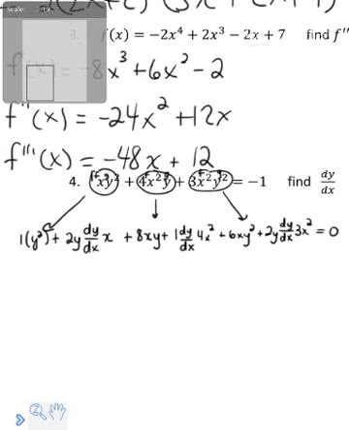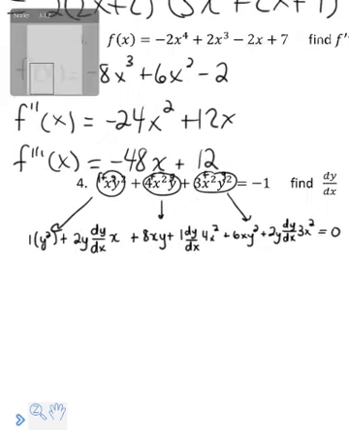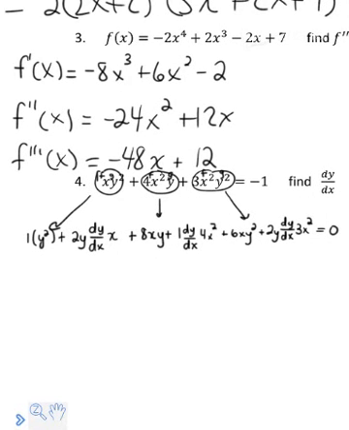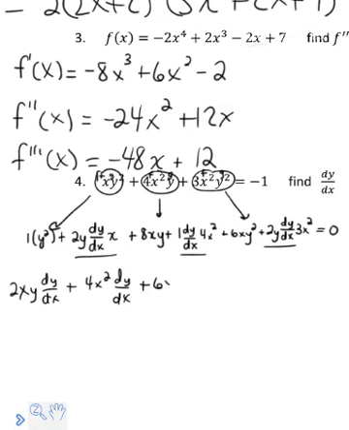So we have the whole thing there. Any term that has a dy dx I'm going to keep on the left side. So this term, for example, is 2xy dy dx plus this term 4x squared dy dx plus this term, which is 6x squared y dy dx.